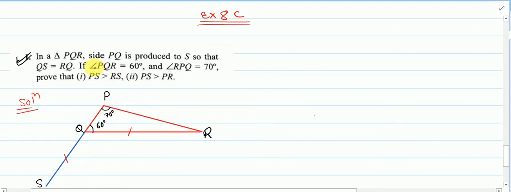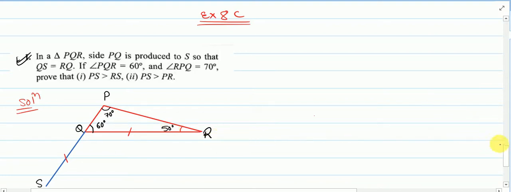Okay, and they have given that this angle PQR is 60 and angle RPQ is 70 degree. Now the third angle will be equal to, so here 60 and this 70, so this will be 130, so this has to be 50 degree.